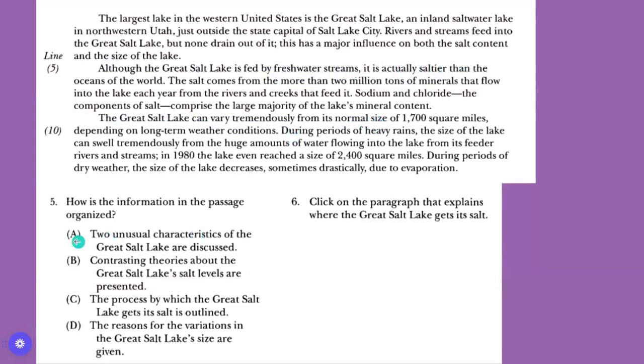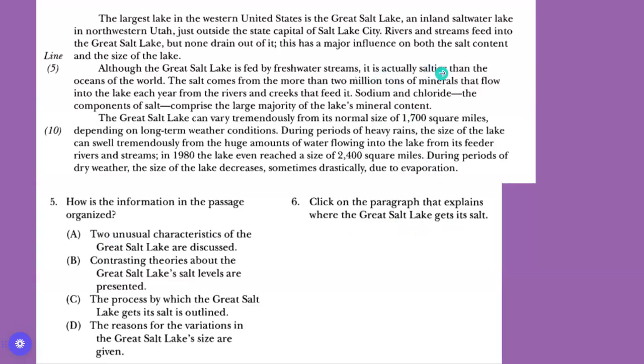So my correct answer would be letter A. Unusual characteristics of the Great Salt Lake are discussed. And then it says, click on the paragraph that says where the Great Salt Lake gets its salt. And right away, I know it's paragraph 2.